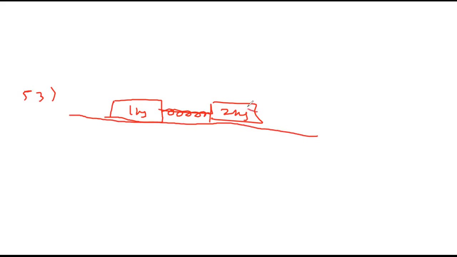The blocks are pulled apart so that the spring is stretched and released from rest. At a certain instant of time, the block of mass 1 kg is moving with a speed of 2 meter per second. What must be the speed of the other block? So this is V1, this V2 we have to calculate at that instant.